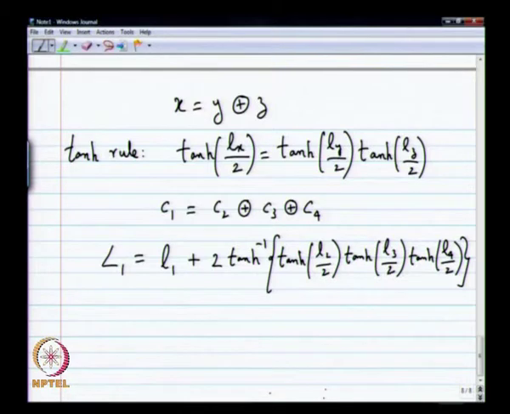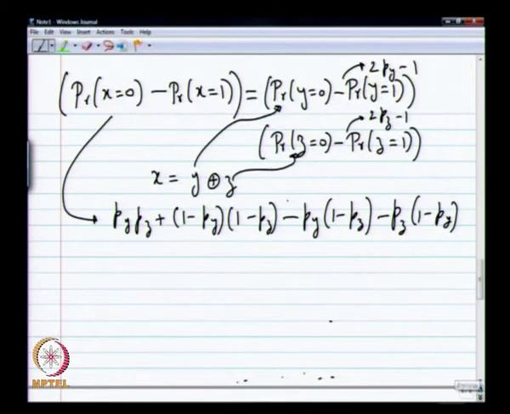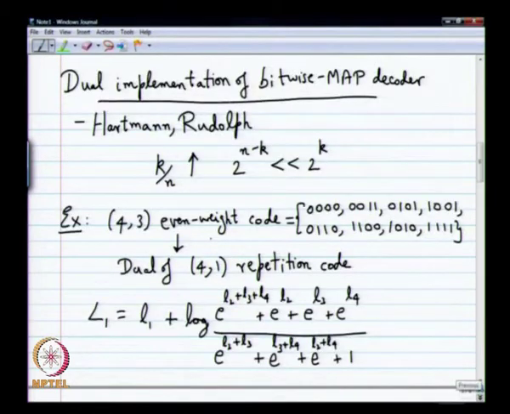Seems good. So who is going to now verify that this expression is exactly equivalent to the previous expression we had? Remember, what is the previous expression we had? This was our previous expression, right?